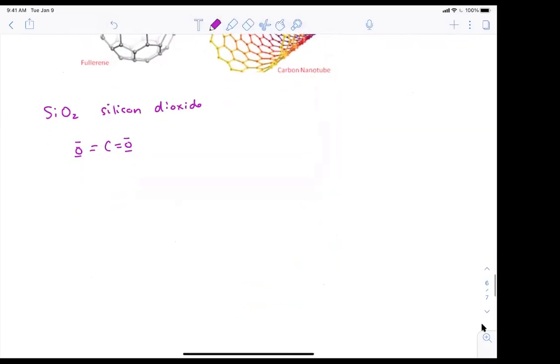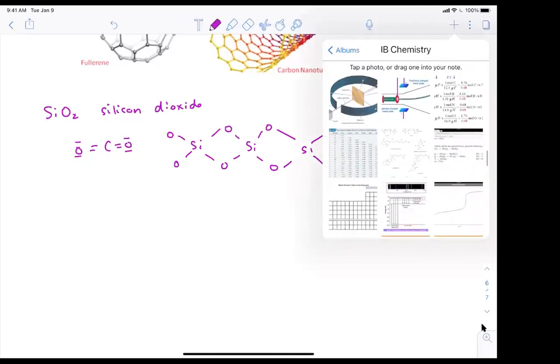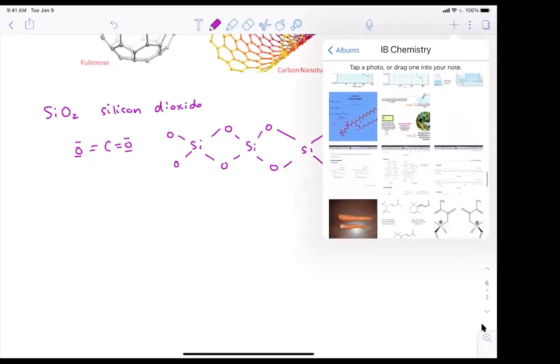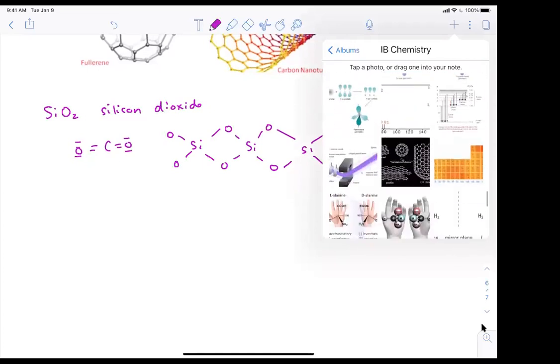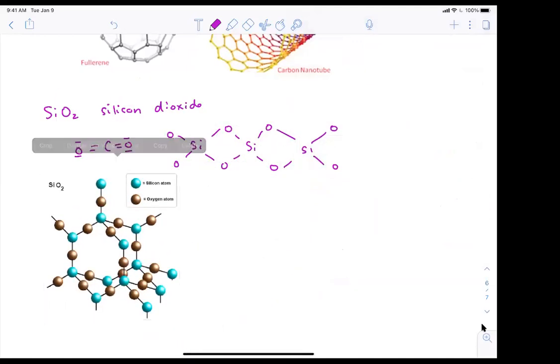So it forms a network covalent solid where there's an Si bonded to 4 oxygens, kind of in a network. I'll show you a better picture of it. It looks like this, okay?